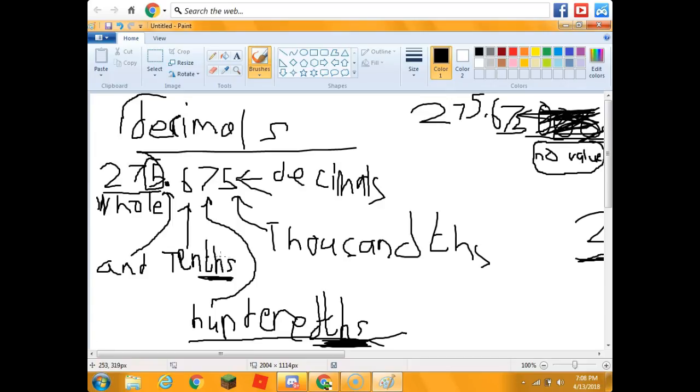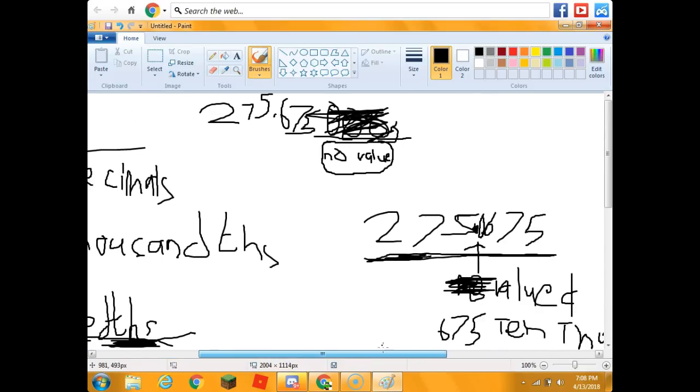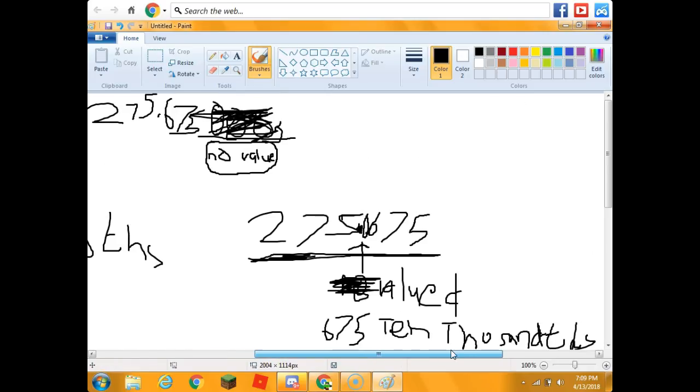And there are tens, thousands, and hundreds places, and so on and so forth. And that zeros behind a number have no value. Zeros in between a number do have value though. And zeros after do have value.